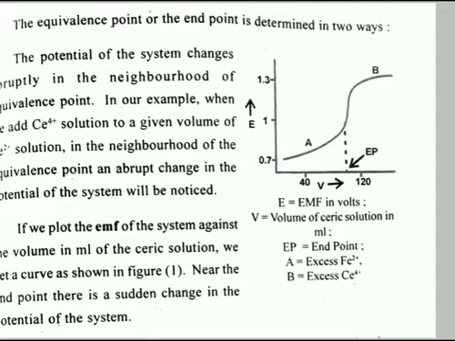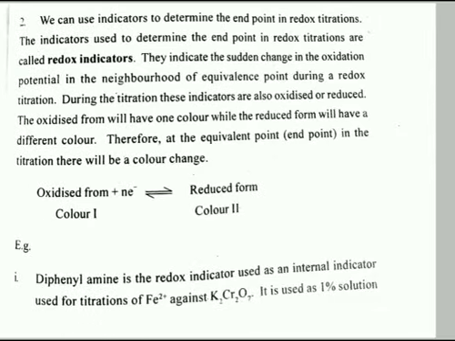Another method to determine the end point of the redox titration is by using indicators. The indicators used to determine the end point in redox titrations are called redox indicators.